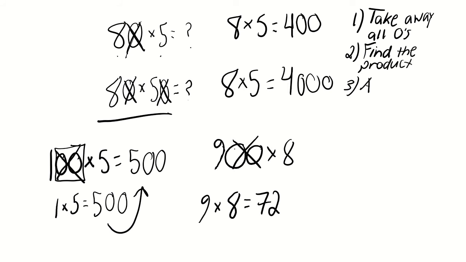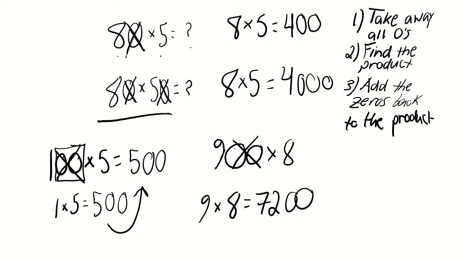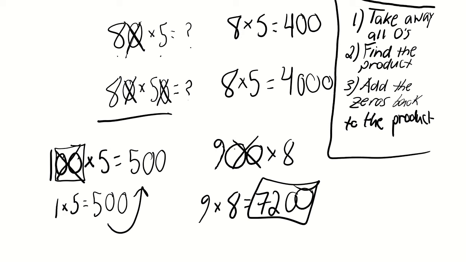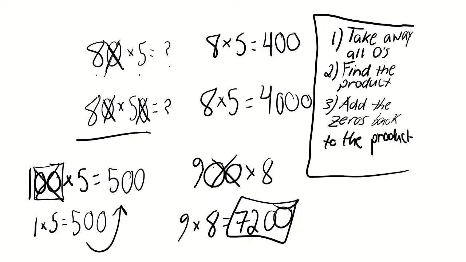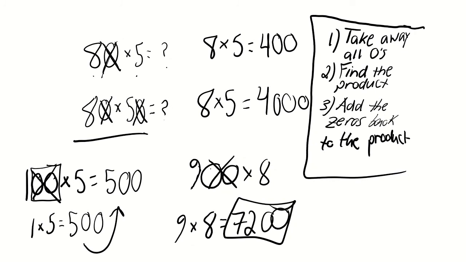Step number 3, add the zeros back to the product. So we took away 2 zeros, we add 2 zeros. So take a little snippet of this. There you go. Can't zoom in, so try to picture it, and I'm going to move to a new slide.